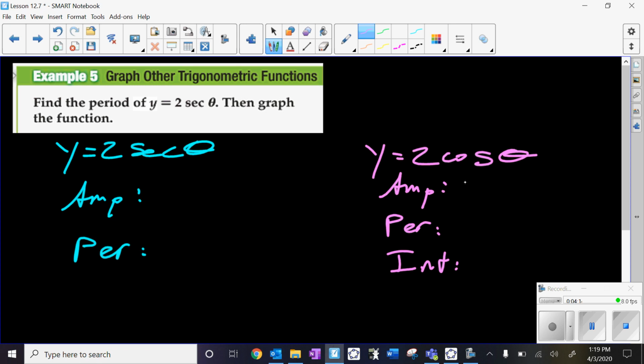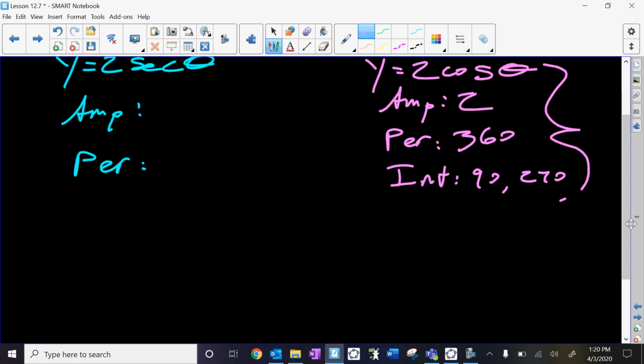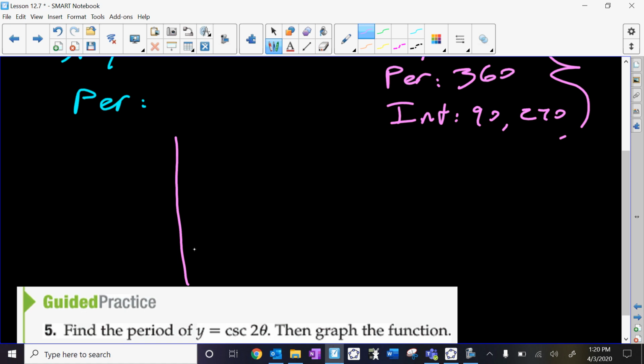If I deal with cosine, we know that the amplitude is 2, the period is 360 divided by 1, so 360. Our intercepts come from taking a fourth of 360, which is 90, and 3/4 of 360, which is 270. We've done all of this on previous examples. So we're going to graph the part in purple first. My amplitude was a height of 2, so 2 and -2.